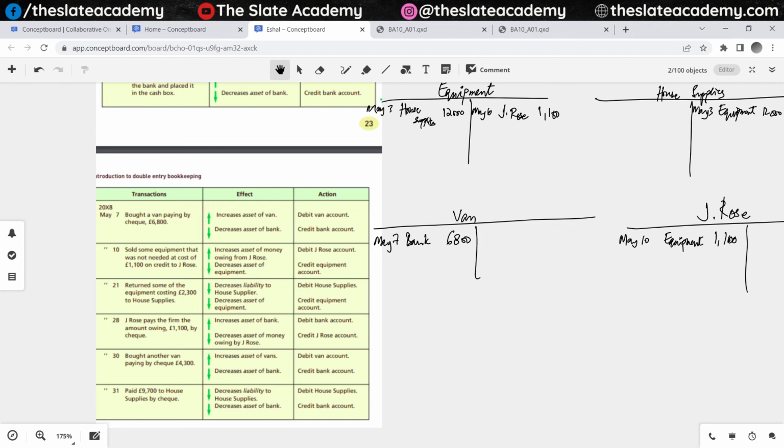So equipment. How much are we returning? 2,300. So equipment credit 2,300. We write over here house supplies, and the date is May 21.